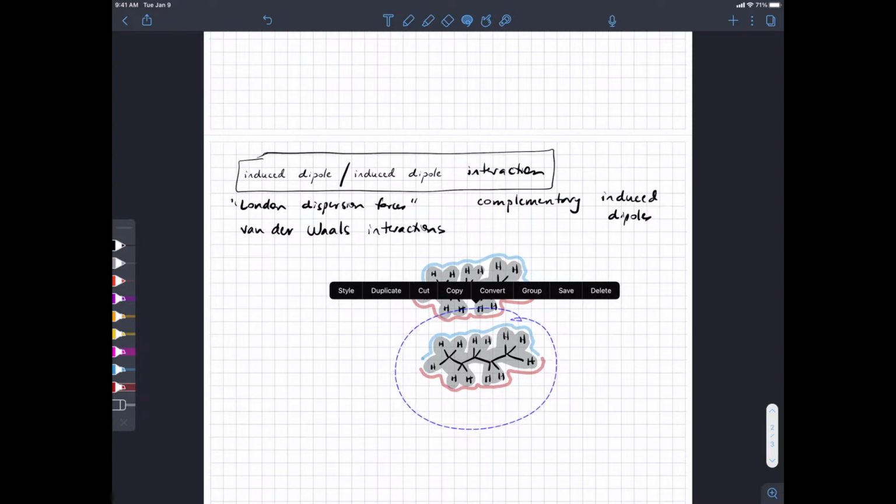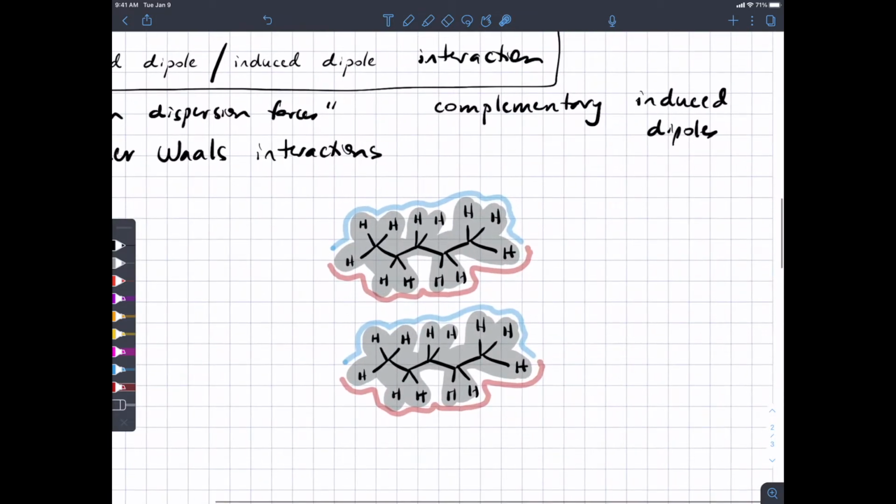There is favorableness that you get when electrons move in a correlated way that allows them to minimize the repulsion that an electron feels for another electron. And so as two molecules approach each other, automatically they will tend to rearrange their electron density so as to be complementary along the areas where they are close to each other.